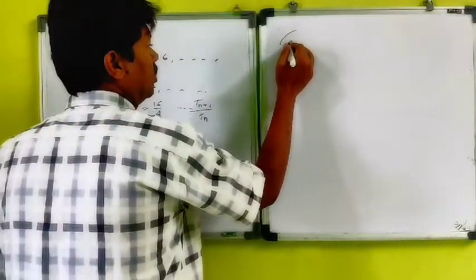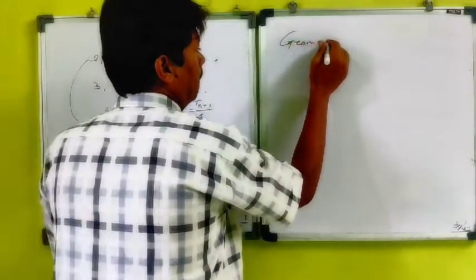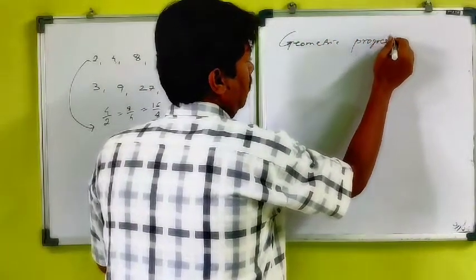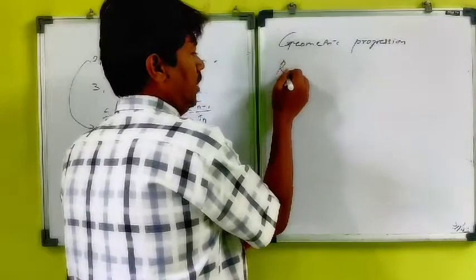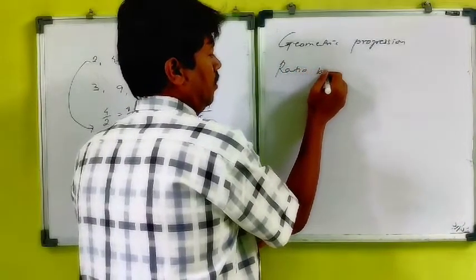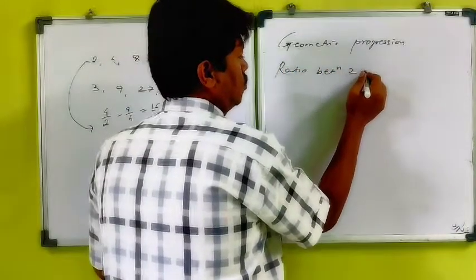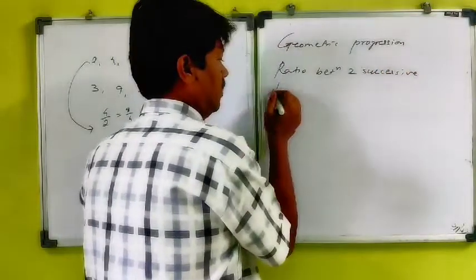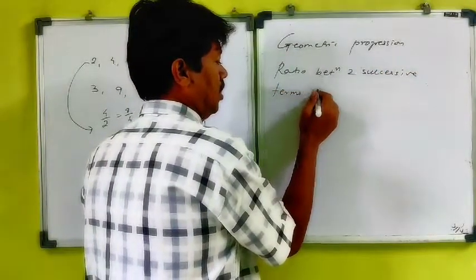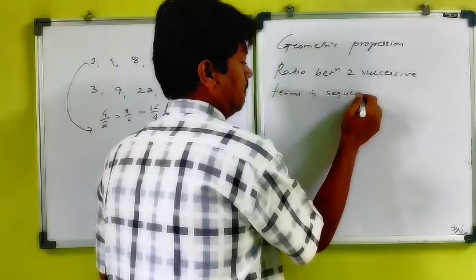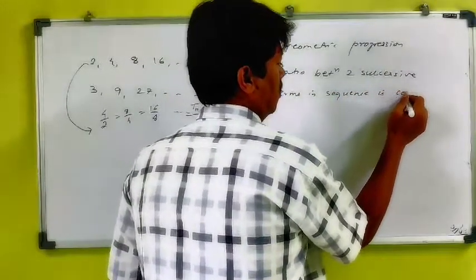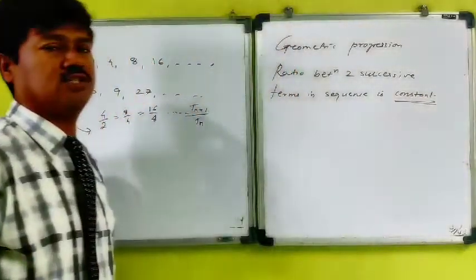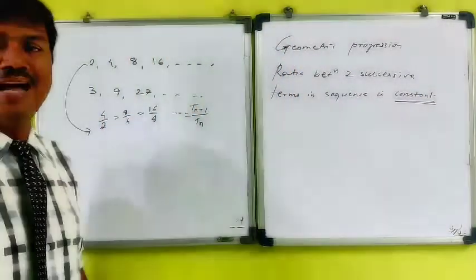The ratio between two successive terms in a sequence is constant, and that sequence is called a geometric progression.